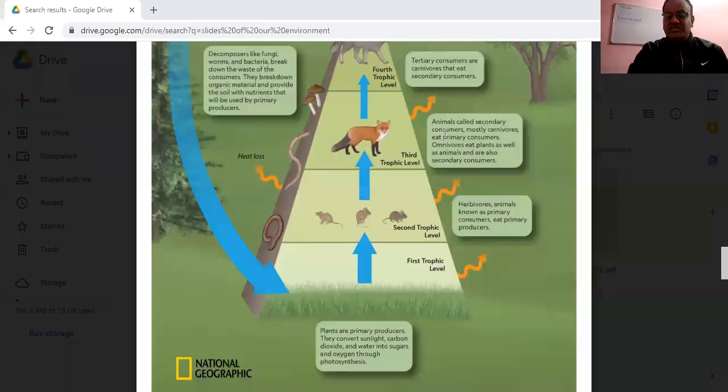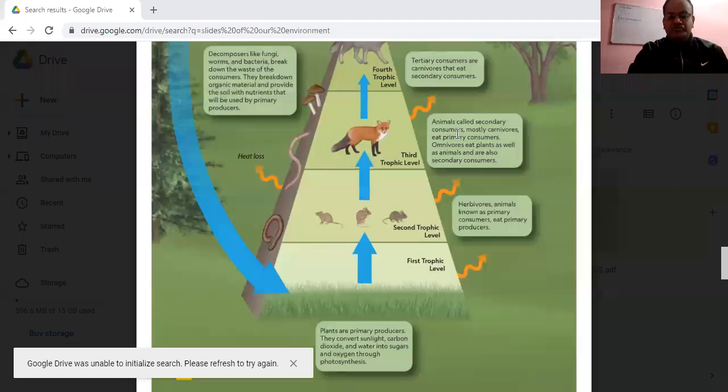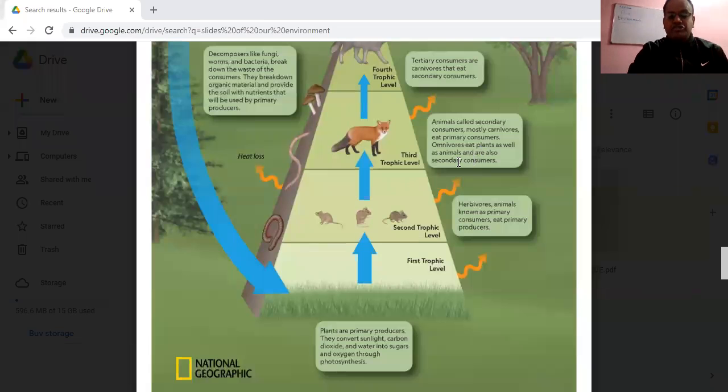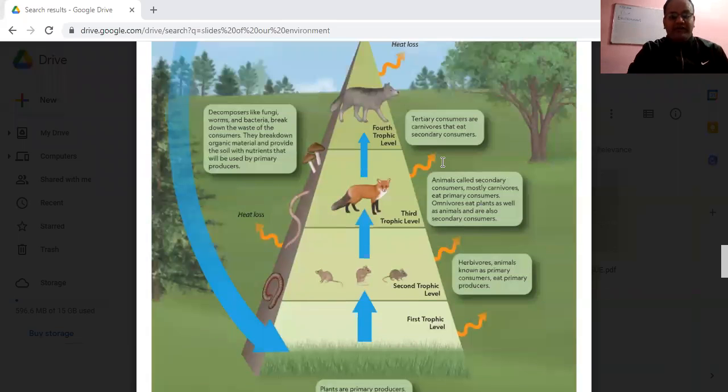The animals called secondary consumers, mostly carnivores, eat primary consumers. Omnivores, which eat plants as well as animals, are also secondary consumers. Now, when these third trophic level organisms are eaten by the fourth trophic level, tertiary consumers are carnivores that eat secondary consumers.